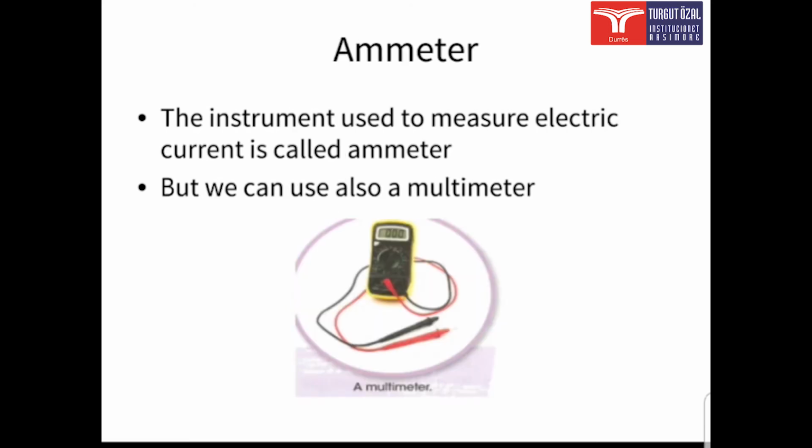The instrument that is used to measure electric current is called an ammeter, but there is another instrument that we can use, that is the multimeter. The multimeter, from the name multi, can measure also other quantities if we change the button that is given at the center of the multimeter.